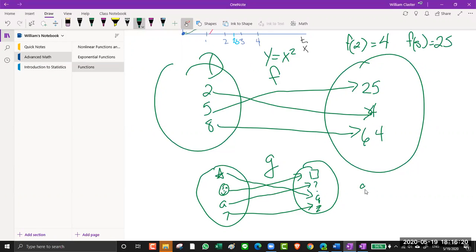For G, we could write G of star equals what? 9. And G of A equals what? Question mark, right? Okay, does everyone understand this? Yes.